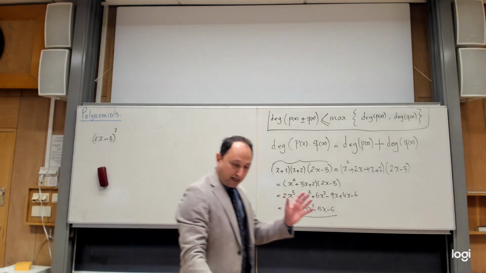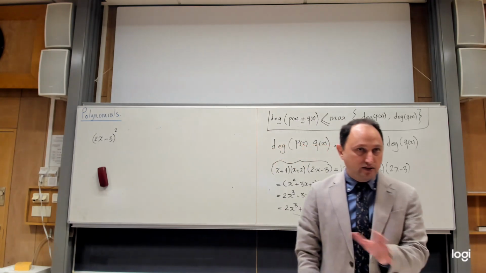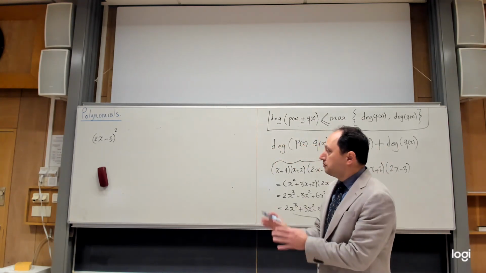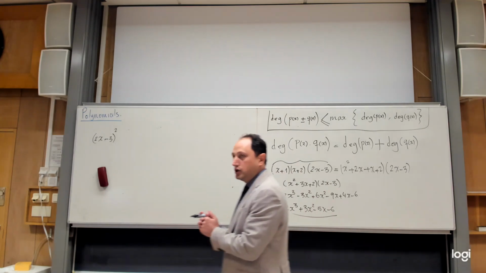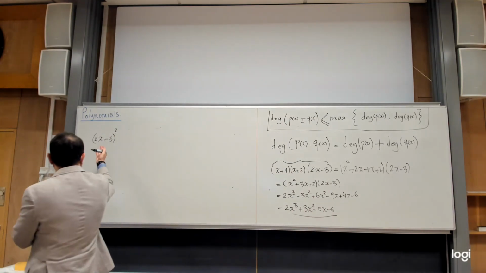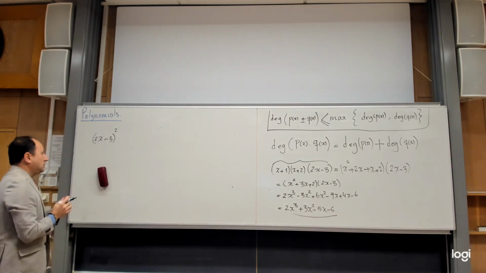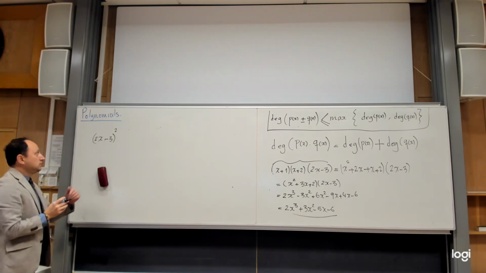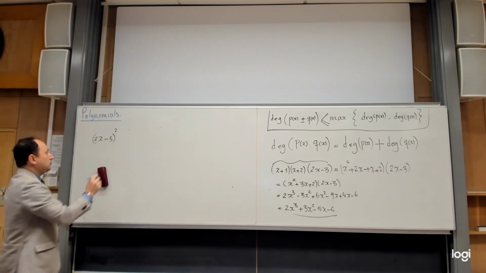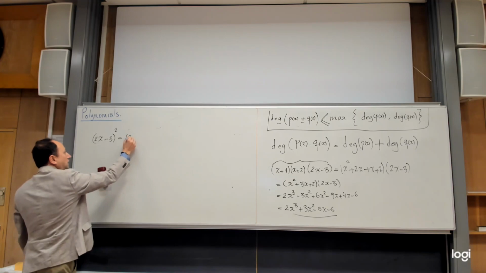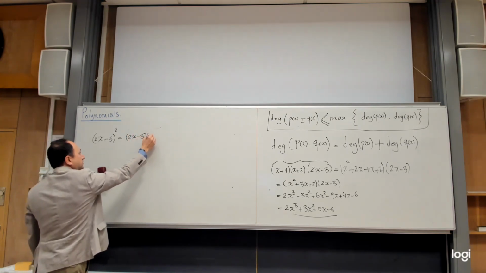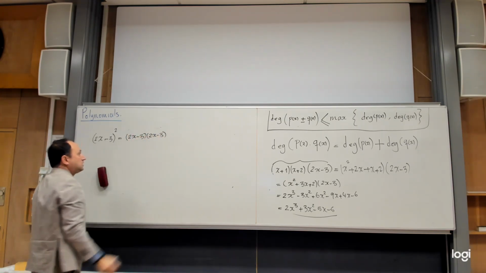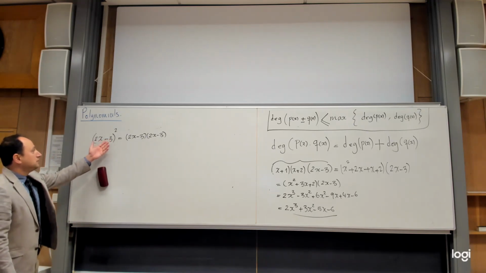Of course, in Math 2C, we learned algebraic identities, but forget about that. Assume that you don't know that. If you want to expand this, what am I supposed to do? I know that power 2 means multiplying this expression by itself.